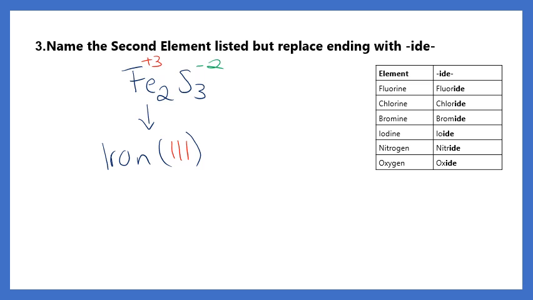So we have S, which is sulfur. So our sulfur is going to change into sulfide. There's that "ide" ending. So this is iron 3 sulfide.